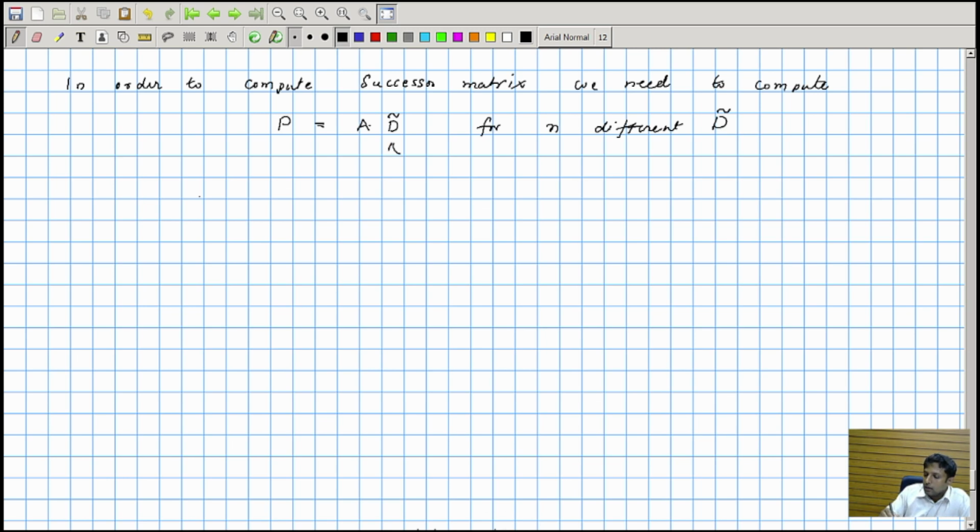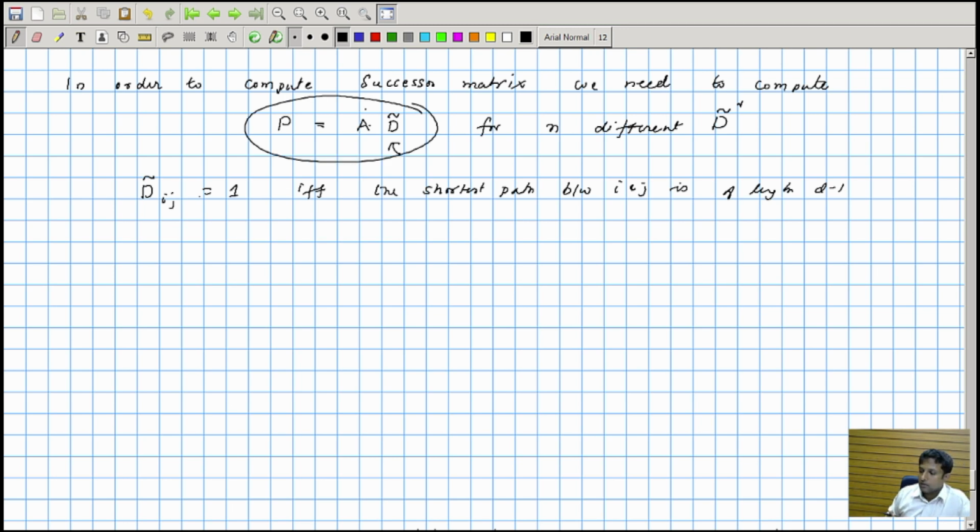Here d tilde is a matrix whose ijth entry is equal to 1 if and only if the shortest path between i and j is of length d minus 1. So for each such length there is a different d tilde. We should call it d tilde r, where r varies from 1 to n minus 1. If we compute these products, from those products we can compute the successor matrix.